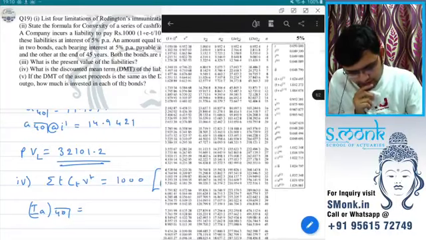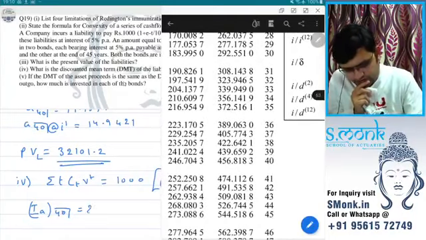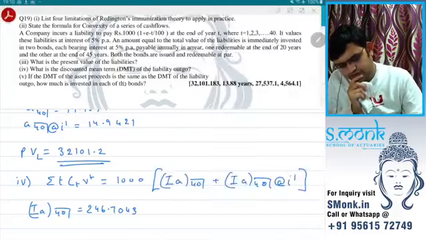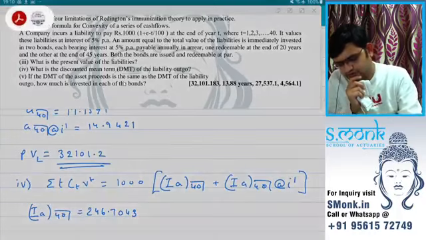(IA)40 would be this. Versus we'll have to calculate this. So first due.